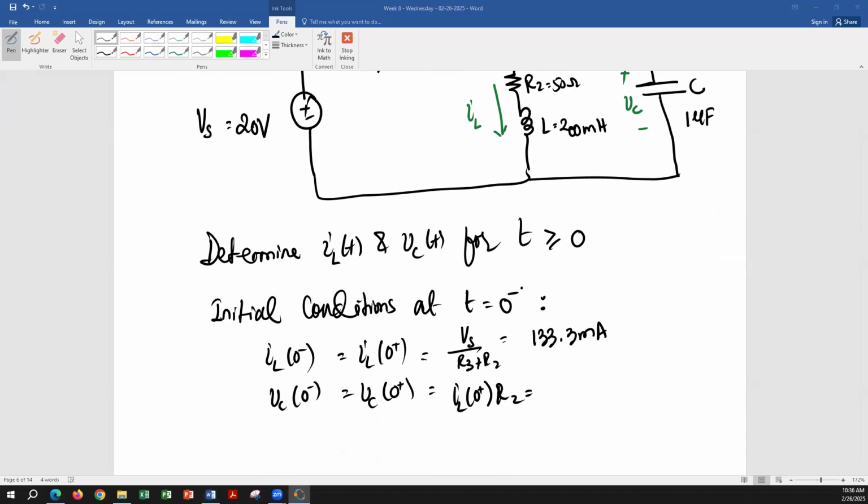That's VC0 is IL0 times R2, and that's 6.667.